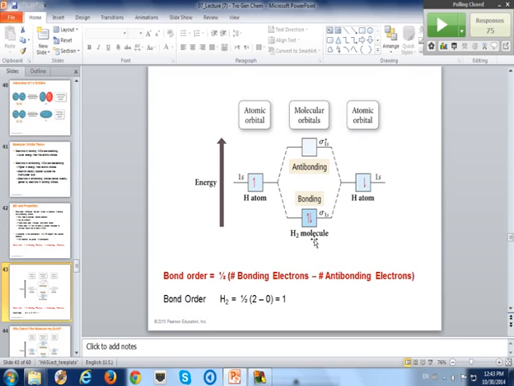We configure the electrons by Aufbau principle in order of increasing energy. We configure the electrons in the molecular orbitals based on Pauli's exclusion principle. And also, we configure the electrons in the molecular energy diagram based on Hund's rule.